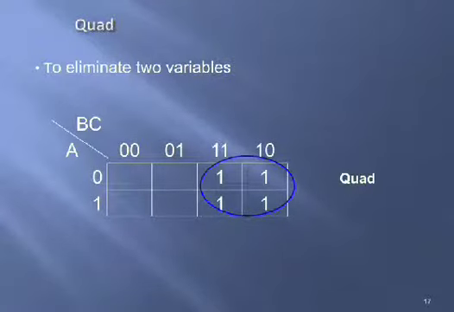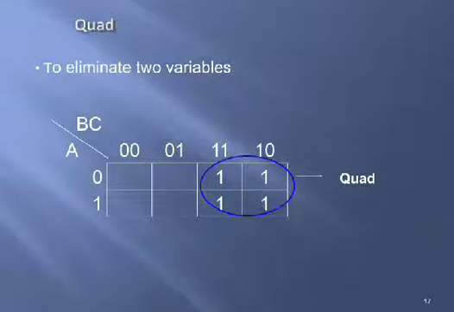If you take an example like this, I am considering directly a 3 variable K-map. A, B, C are the 3 input variables, and these are the 4 ones I am defining in the output function: 2, 3, 6 and 7.